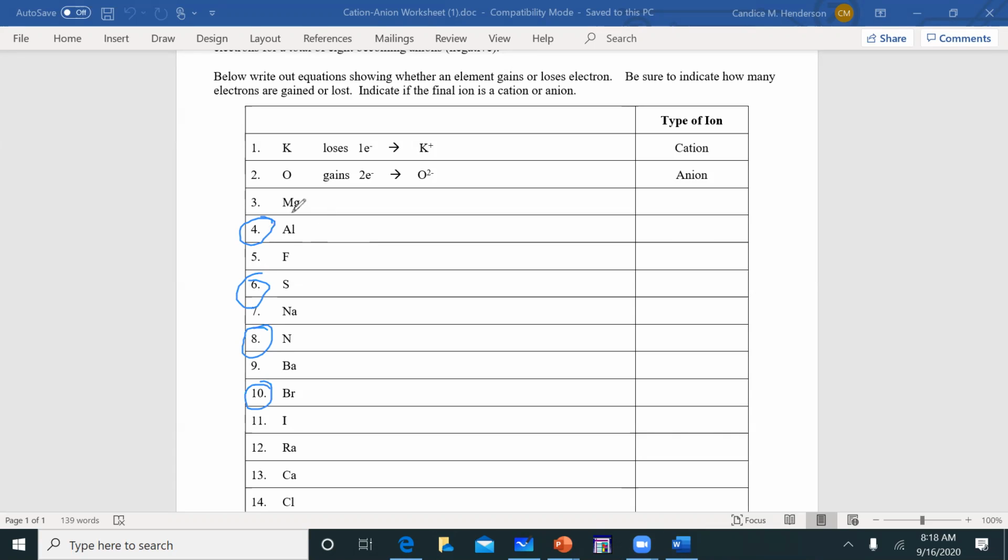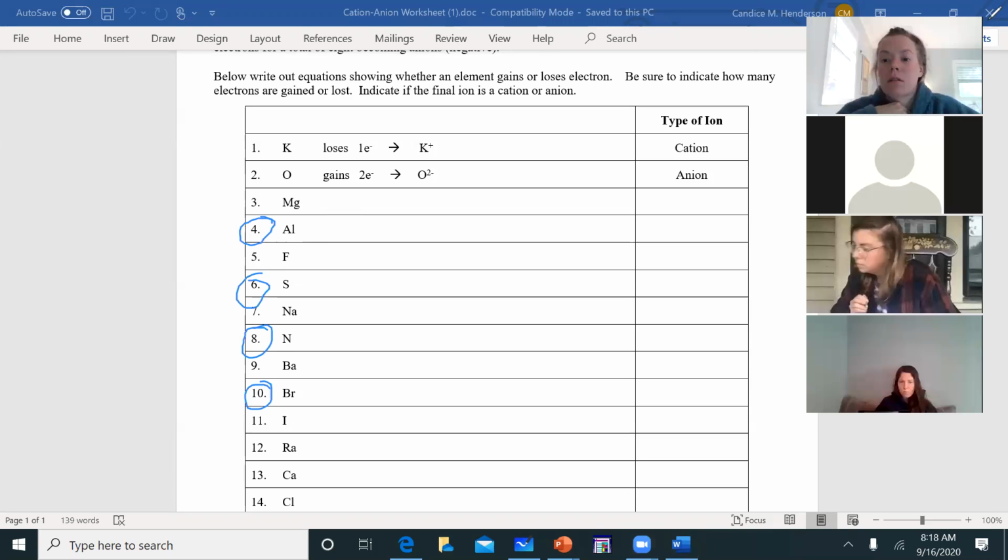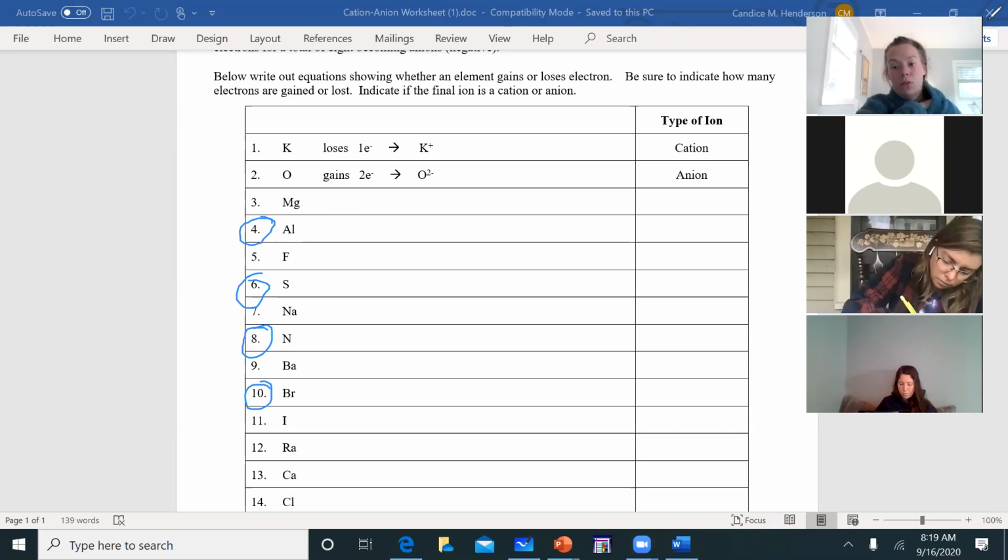I want you to tell me how many electrons it gains or loses, what its ion is, and then whether it's a cation or an anion. So just look at those charges that you have and go from there. It shouldn't be too complicated as long as you have the right charge written on your periodic chart.